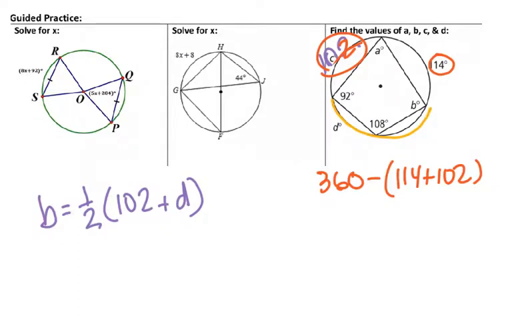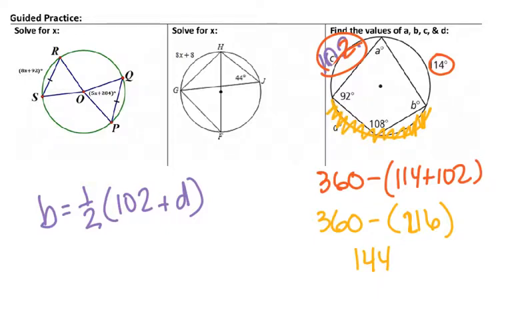So 360 take away 216 is 144. So I do know that this arc is 144 degrees.